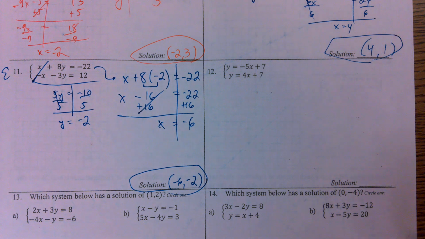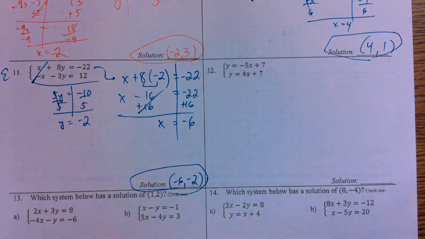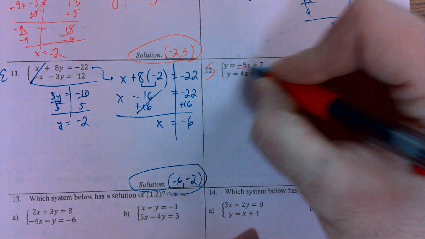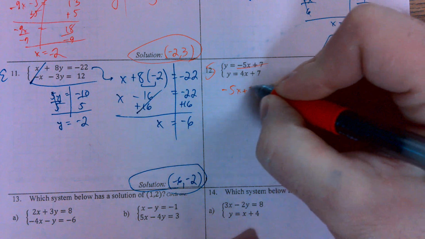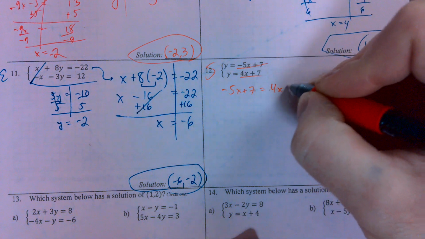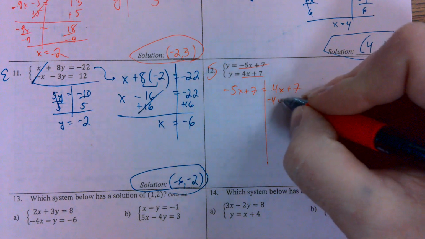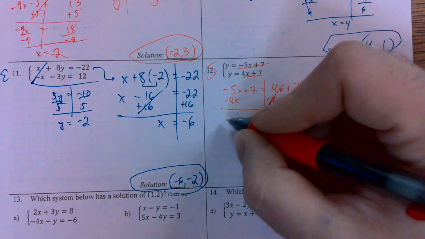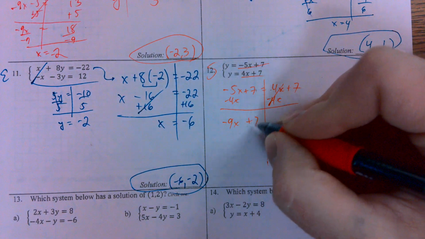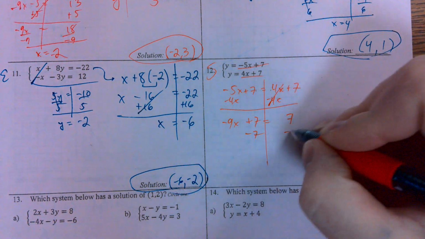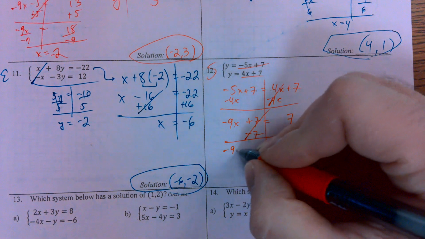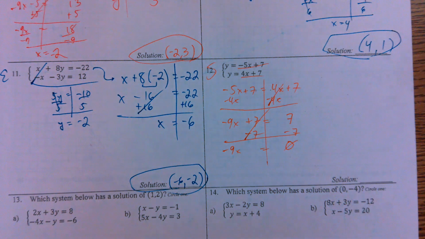Finally, number 12, y equals, y equals. I'm going to do substitution. I'll take this first one here, set it equal to my second expression. Minus 4x over to the left gives me negative 9x. Minus 7 over to the right gives me, oh, what's 7 minus 7? 0.